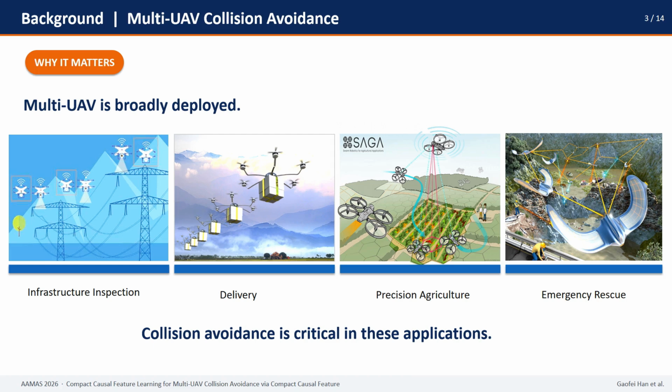Multi-UV collision avoidance is critical in many real-world applications, such as infrastructure inspection, delivery, precision agriculture, and emergency rescue. In these applications, collision avoidance is essential for UV.